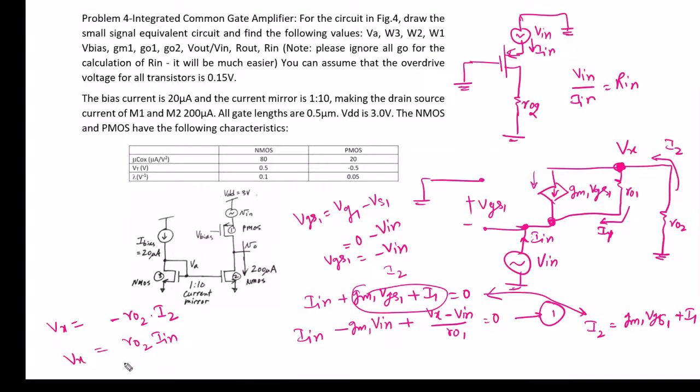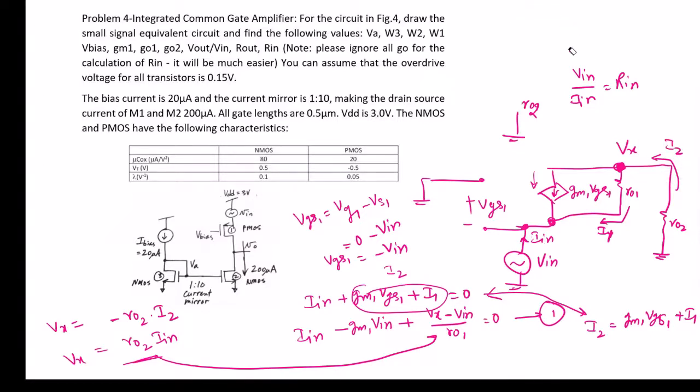So the Vx from this equation can be put into the first equation, and our final equation will be like I in minus GM1 V in, plus RO2 into I in, minus V in divided by RO1 equal to 0. So now we can modify this equation.